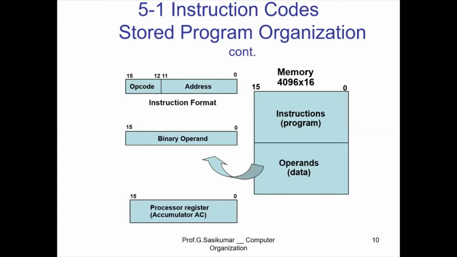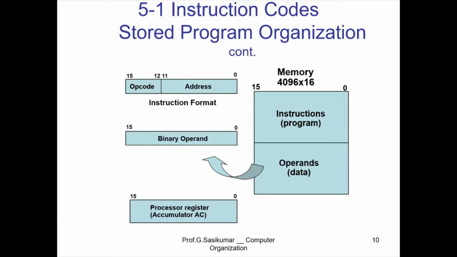So how are the binary operands controlled by the programmer? We have data and we need a program. Instruction is program, operand is data, and opcode is the location. Program, data, location.